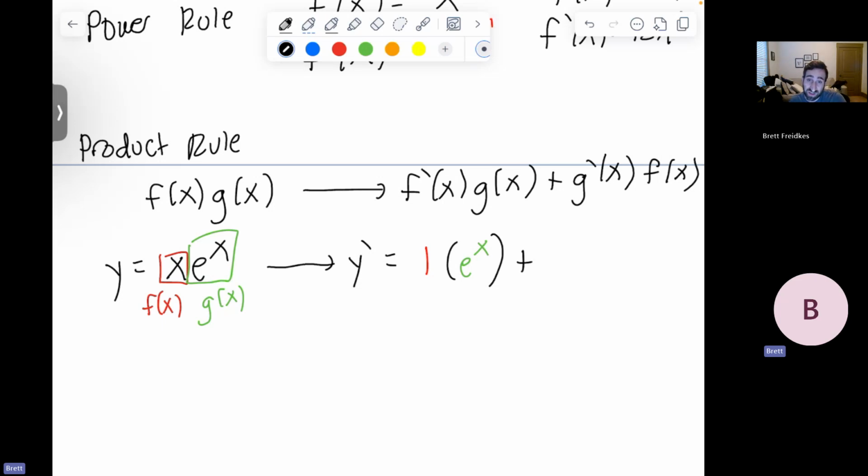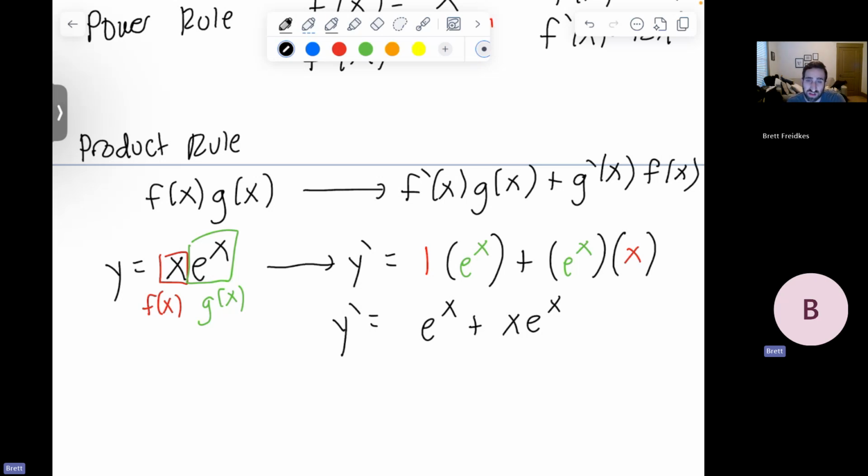The derivative of an exponential is itself. If I just have e to the x, that's just going to end up being e to the x times f of x, which we know is just x. So this will end up being e to the x plus x e to the x.